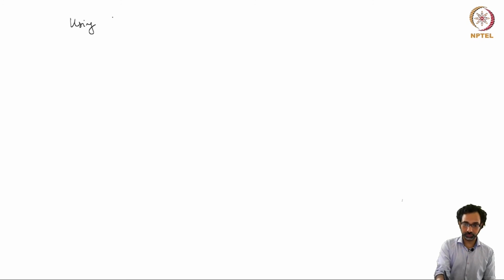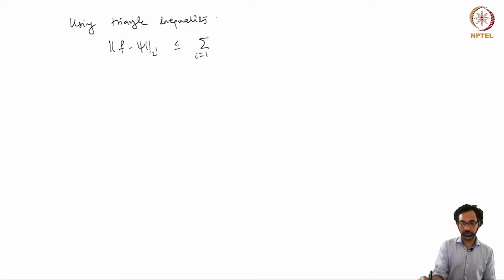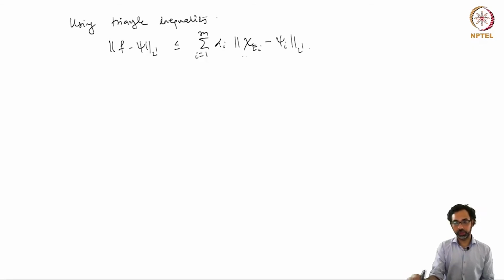Using the triangle inequality, the norm of f minus C is less than or equal to the sum i equal to 1 to m of alpha i times the L1 norm of chi Ei minus Ci, and now these are less than or equal to epsilon by 1 plus the summation of alpha i, i equal to 1 to m.